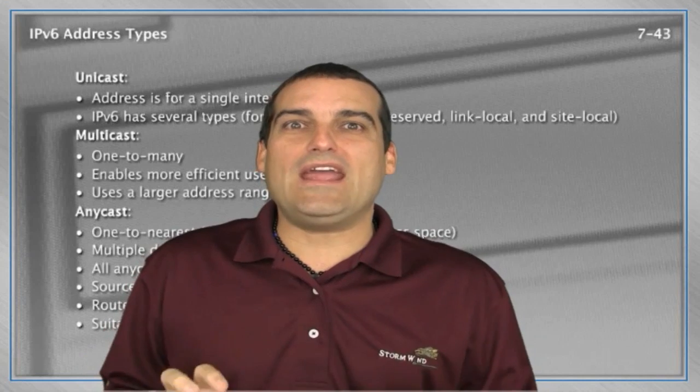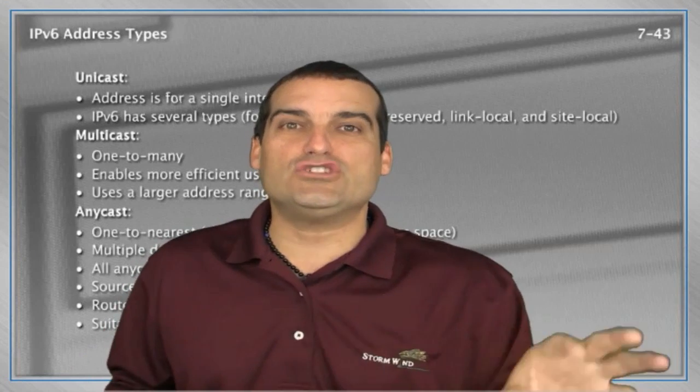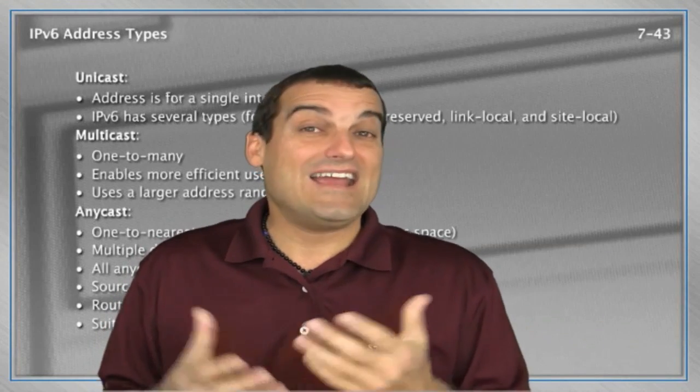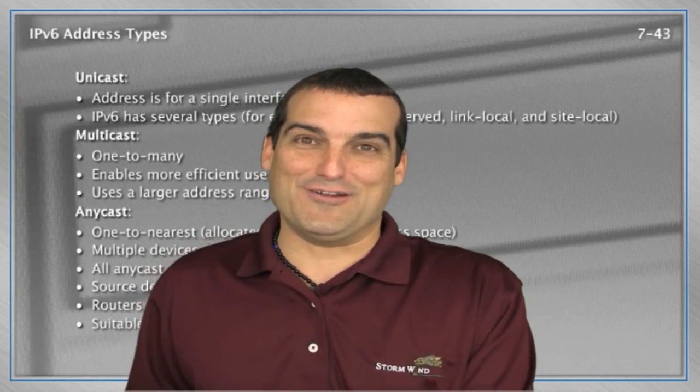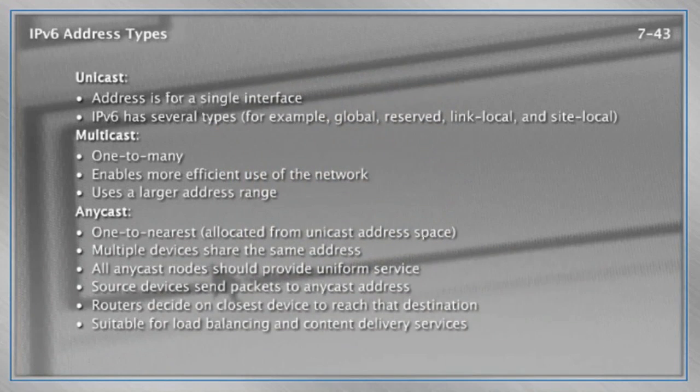What a neat way to kind of load balance, to load share across devices. And that's what an IPv6 Anycast is all about. Pretty cool. So unicast, multicast, and anycast in v6, no longer a need for the broadcast in that v6 environment.